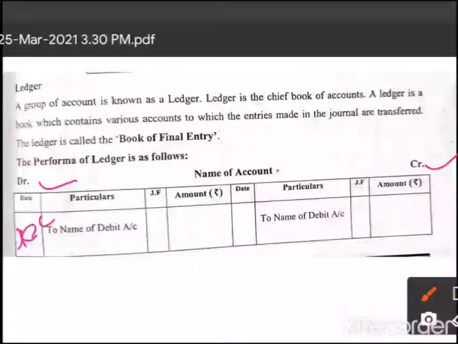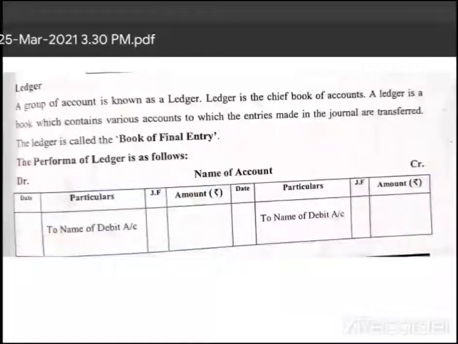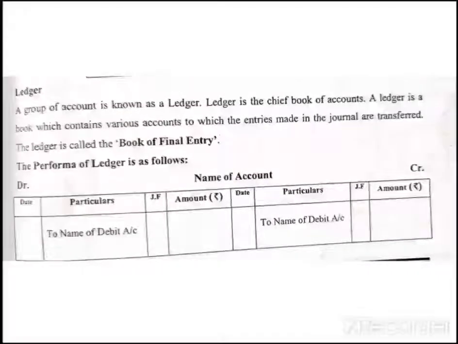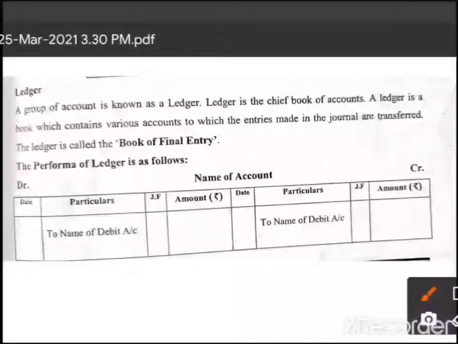Then the particulars, the name of the debit, and the JF, which means journal folio. Then the amount: the debit amount has to be entered here.